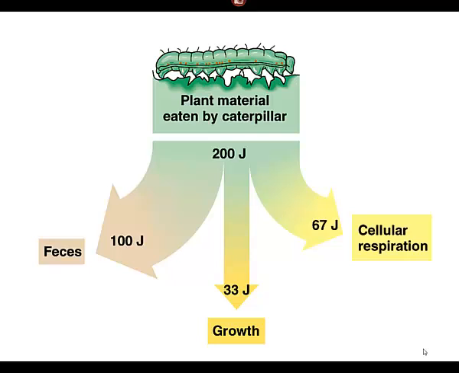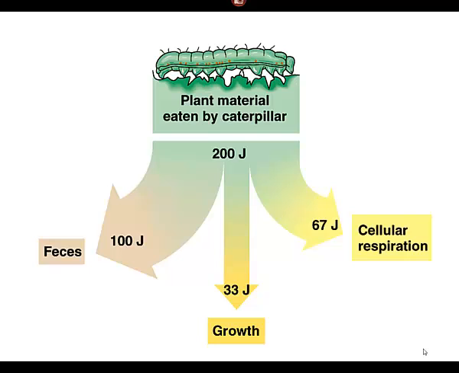So look at this with a caterpillar, a typical herbivore, eating the plant material. 50% of the biomass intake, as well as the energy it contains, goes right out the poop chute, that is, in the form of feces. And again, that becomes food for other organisms in this detrital food chain.